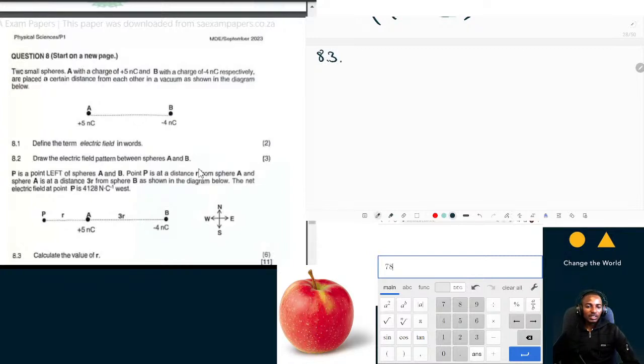Then 8.3. Now a point P is a point left of sphere A and sphere B. Okay.